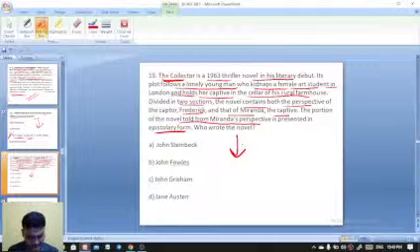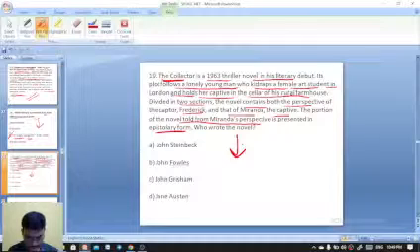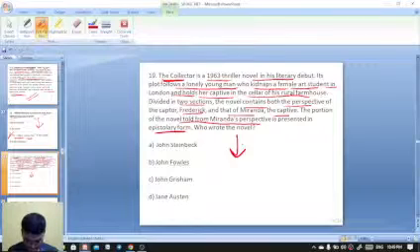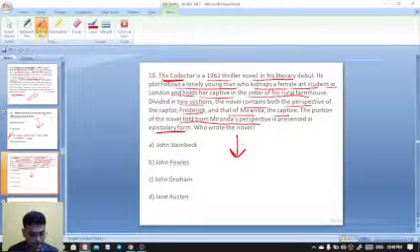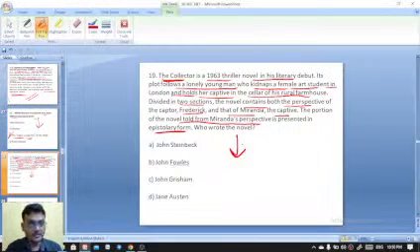Now tell me what would be the right answer here? The Collector is a novel by John Fowles.